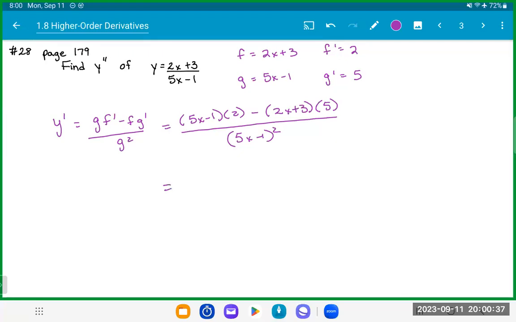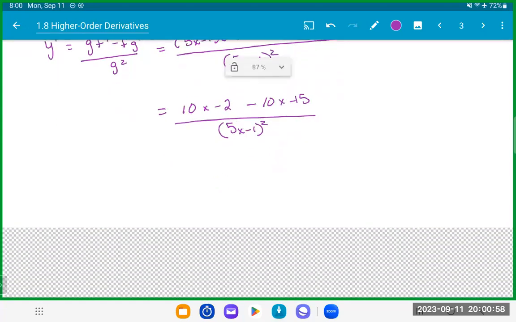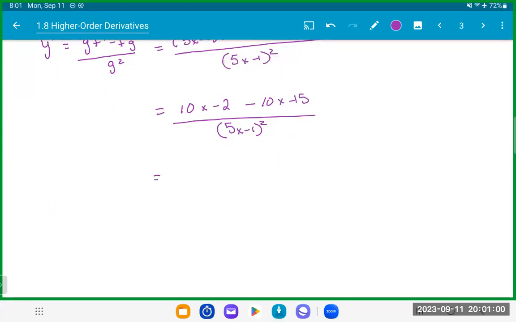When we simplify our numerator, we get 10x minus 2 minus 10x minus 15 divided by 5x minus 1 squared. Simplifying our numerator a little more, we end up with negative 17 over 5x minus 1 squared.